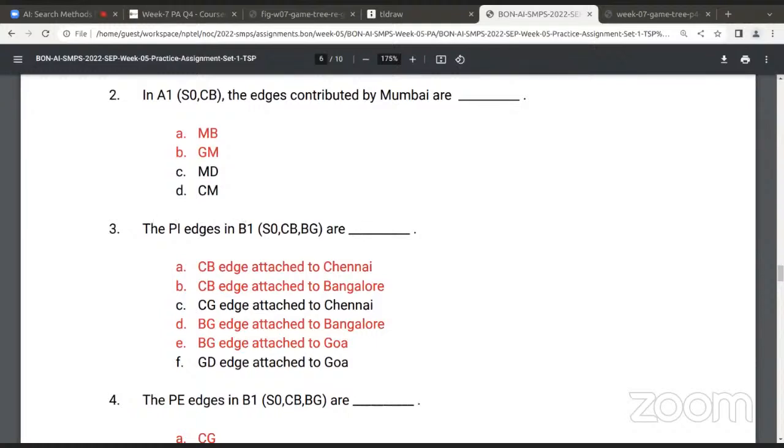Permanently loaded edges. I'm drawing it on paper. Now CB and BG are included, permanently included. Okay. Now let me explain.